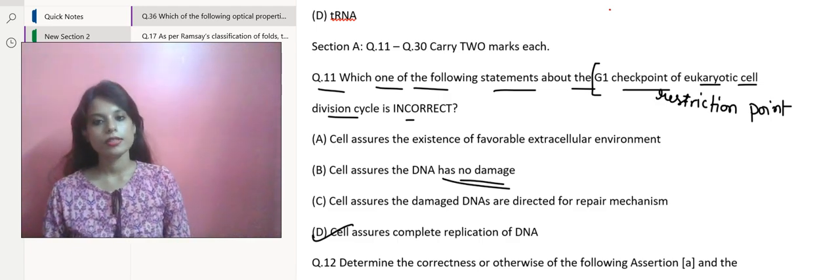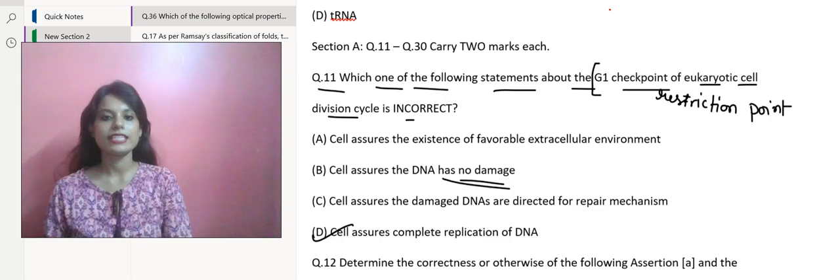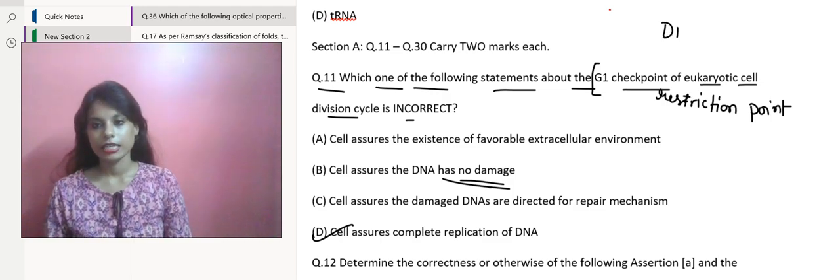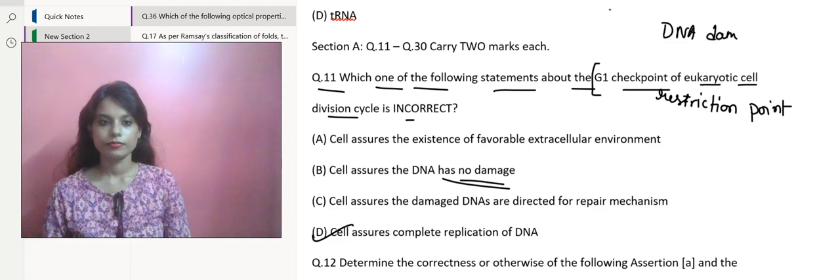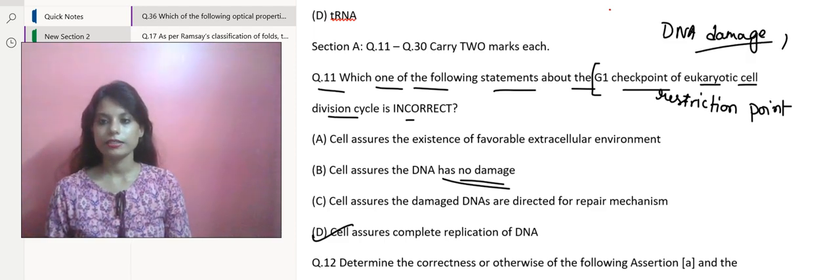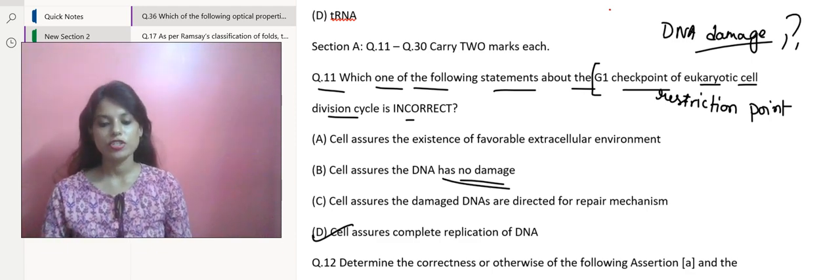Now, suppose DNA has damage. If DNA has damage, what is done? If DNA damage is detected, the cell activates the DNA repair mechanisms before proceeding with the cell division.